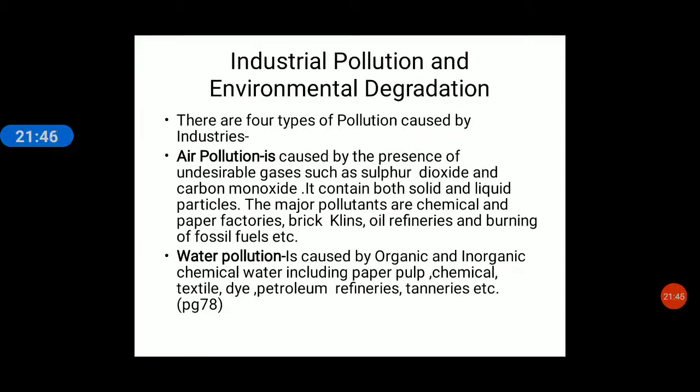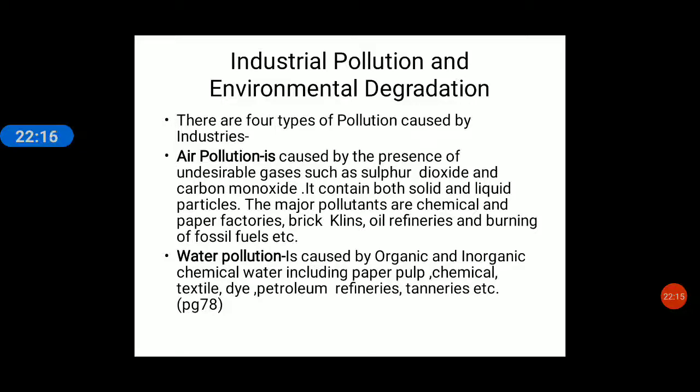Okay, now we are coming to the next point, industrial pollution and environmental degradation. You know that because of industries, a lot of pollution happens. You must have heard about the leakage of the methyl isocyanate gas in Bhopal. I hope everyone knows. Because of the leakage, huge damage was done in Bhopal and the surrounding areas, and lakhs of people were affected.